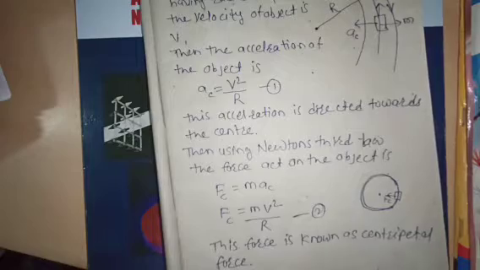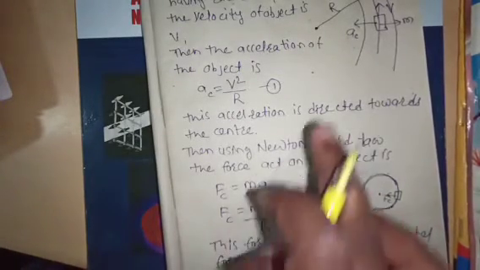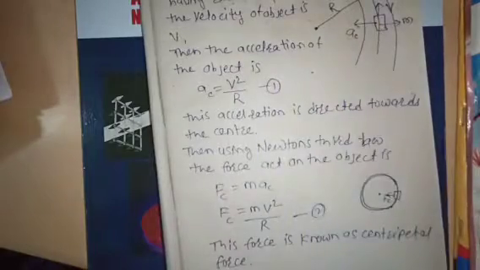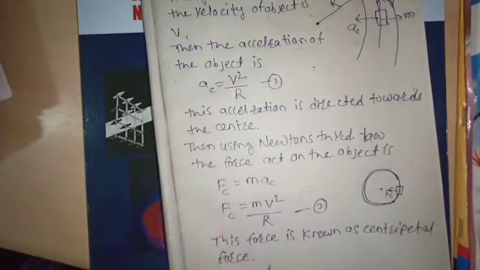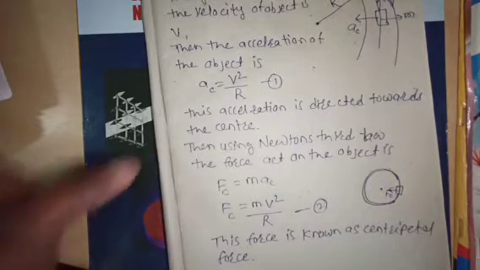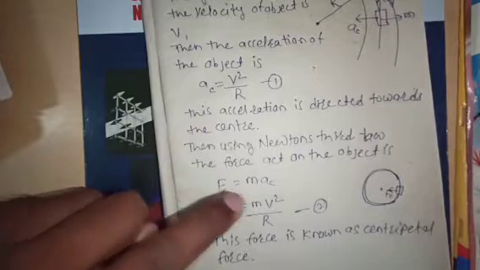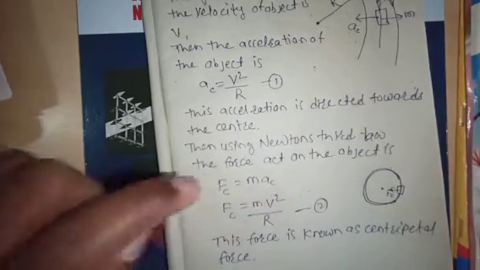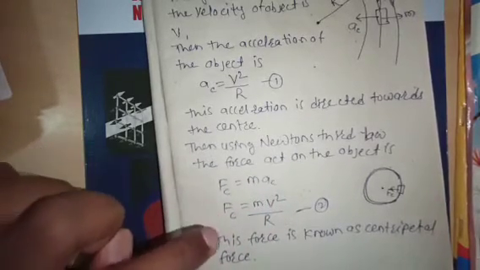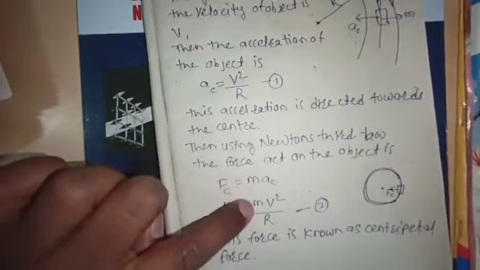Therefore, this kind of force is known as centripetal force, and it is m v square by r. The acceleration is v square by r. Therefore, using Newton's second law, force is mass into acceleration, and the force F is equal to mass m.